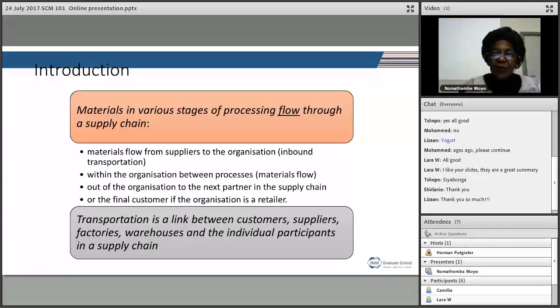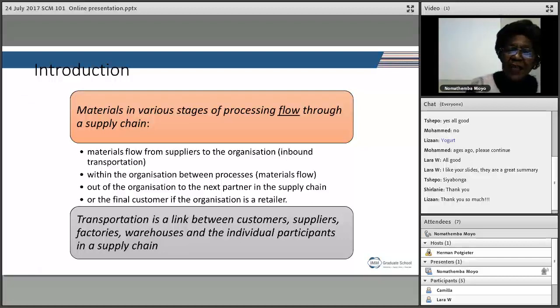Then there will be a flow within the organization. If it's a flow within the organization from the warehouse to the manufacturing plant, or from the manufacturing plant to the warehouse, that is called materials flow.